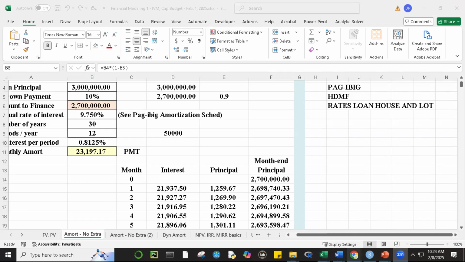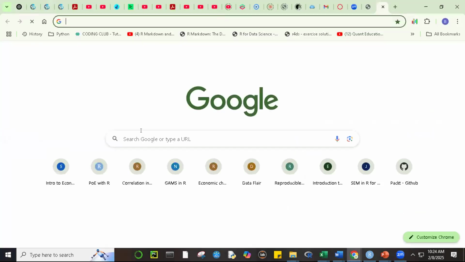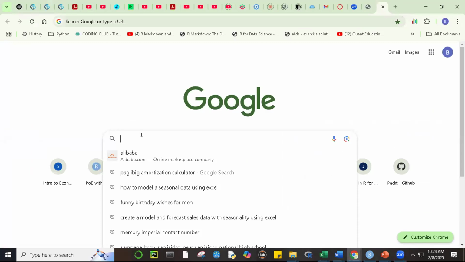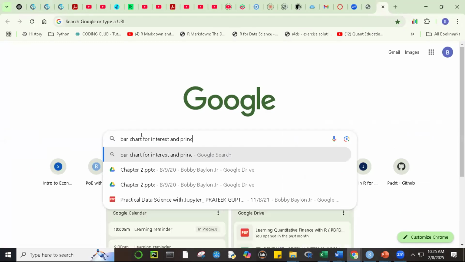Okay, let's see. Maybe we can find a bar chart for interest and principal payments for amortization. Let's see.